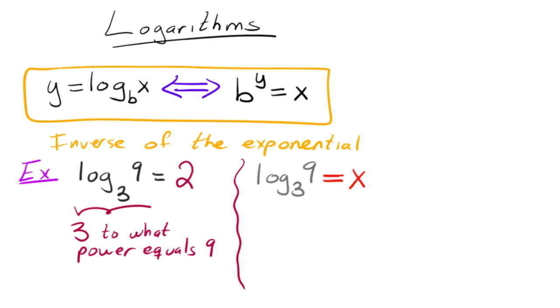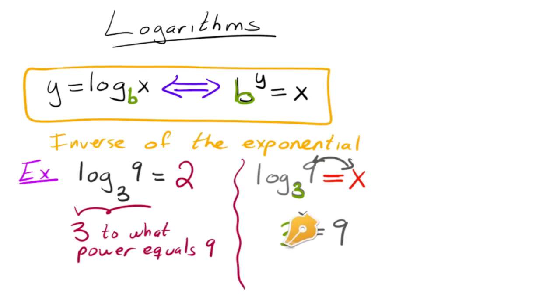And so then what you do is you go, okay, I'm going to write it down as an exponential using the definition. So notice that the base of the logarithm is the same as the base of the exponential. So then I have that 3 is going to be the base of my exponential. And then these two, the 9 and the x, are going to be switched places, just like the y and the x do right here. So then 3 to the x is going to equal 9.